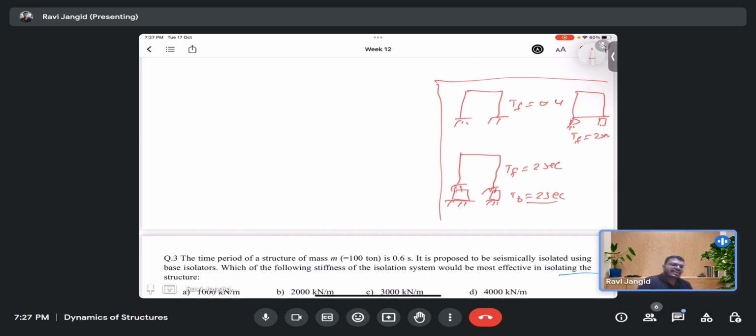So will it be effective or not? If not, then why? If yes, then also why?